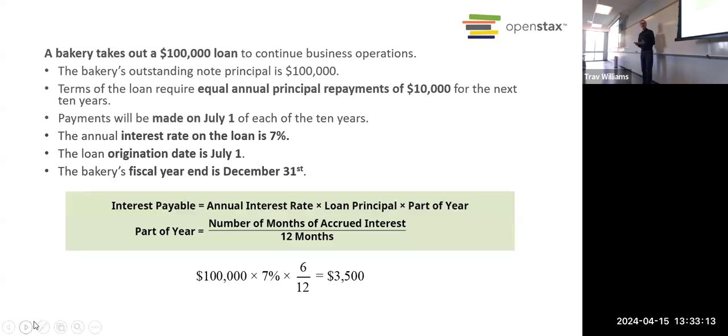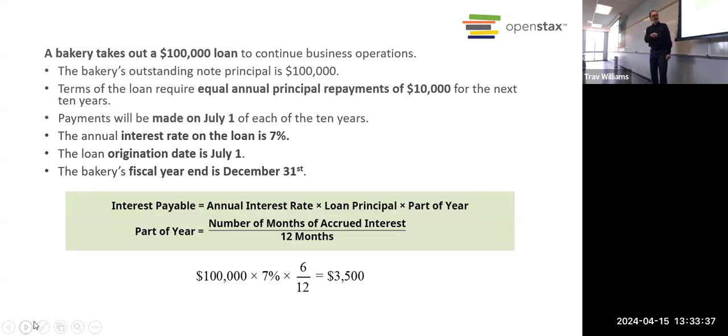Only July through December. So in their accounting records, where they have to calculate how much interest expense they can count, the company would say, okay, we took out a $100,000 loan at a 7% interest rate. This year, we only have 6 months of interest expense, July through December.